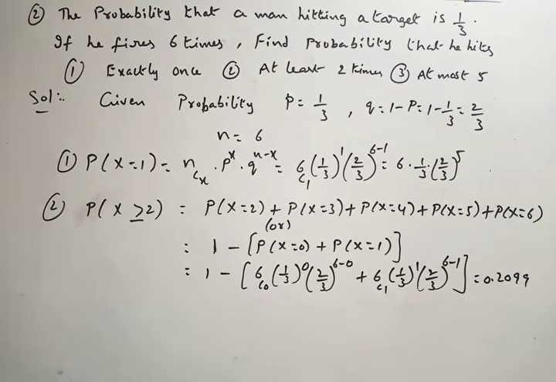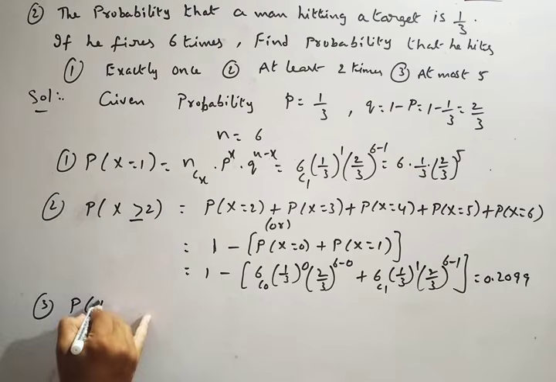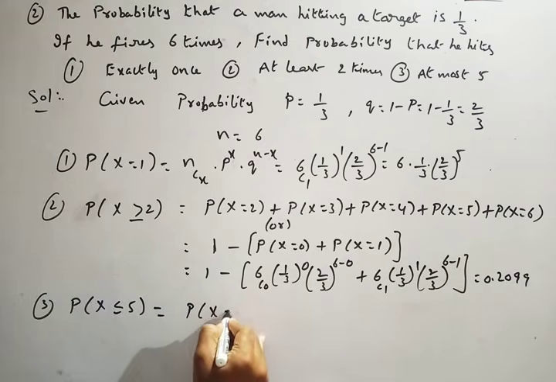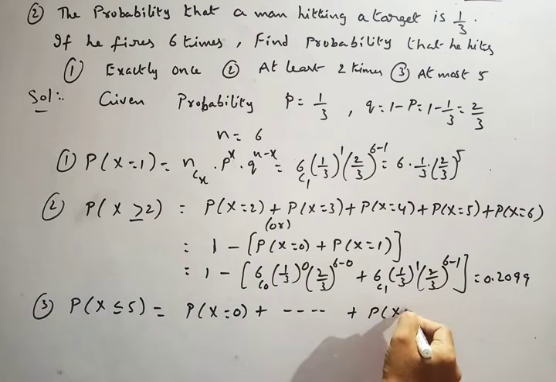What is the next bit? He's asking for at most 5. Maximum 5, so P of x is less than or equal to 5. That means you need to start from 0, x is equal to 0, plus 1, till x is equal to 5.